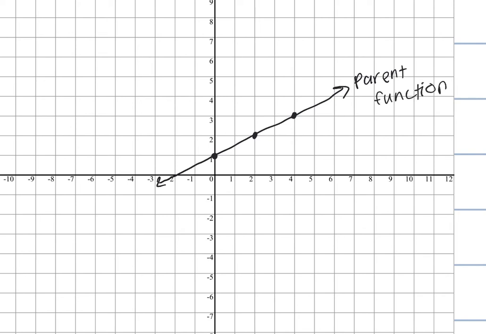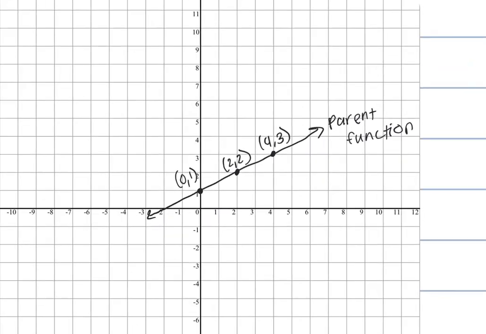Now, let's label these points. The first one's (0, 1). Second one is (2, 2). And the third one is (4, 3). Are we all good on getting the parent function down? Yes or no? Okay.